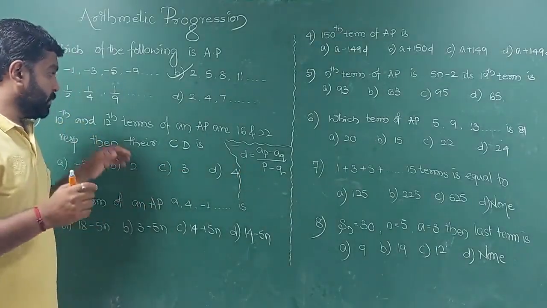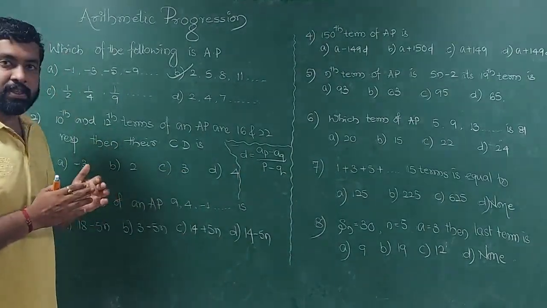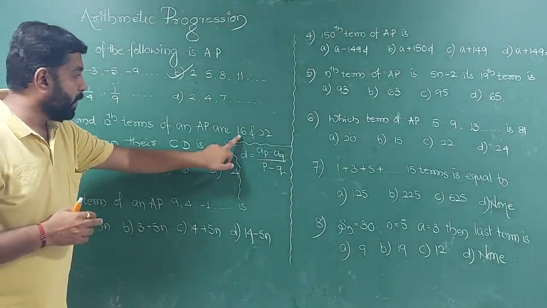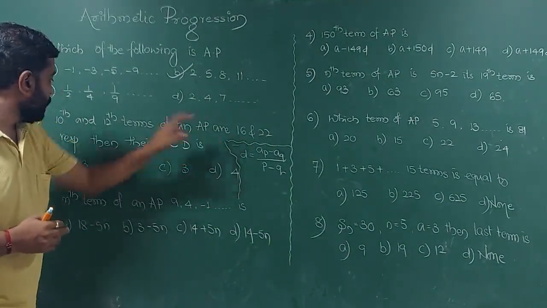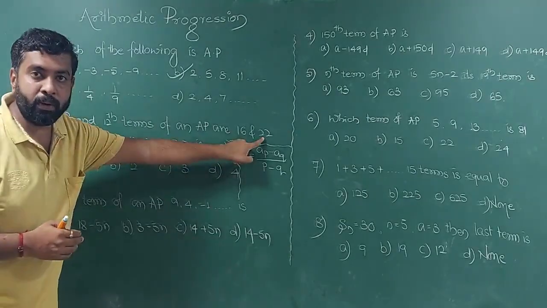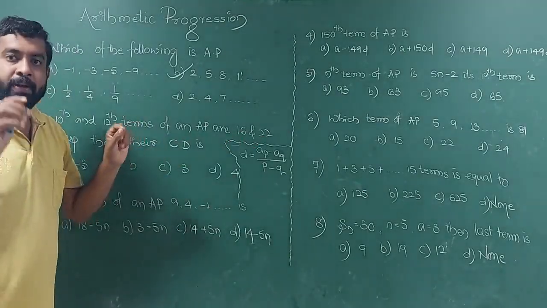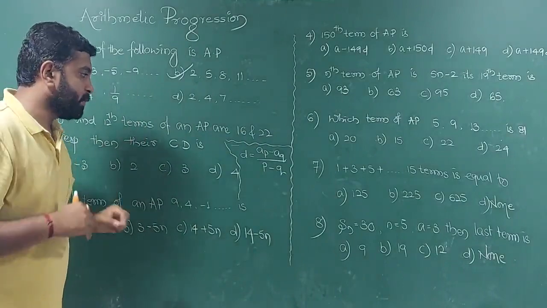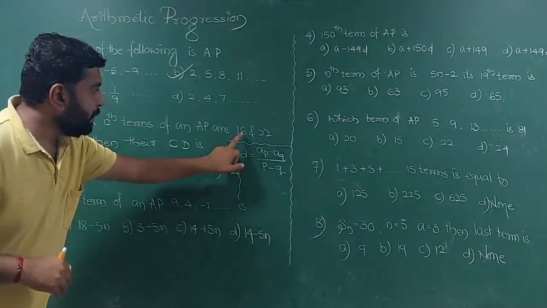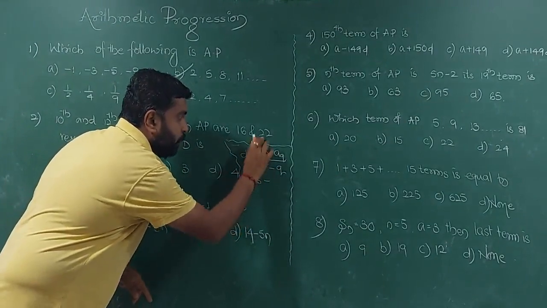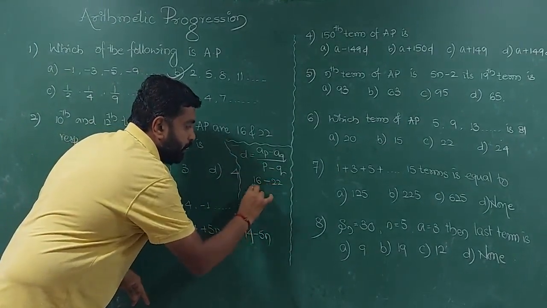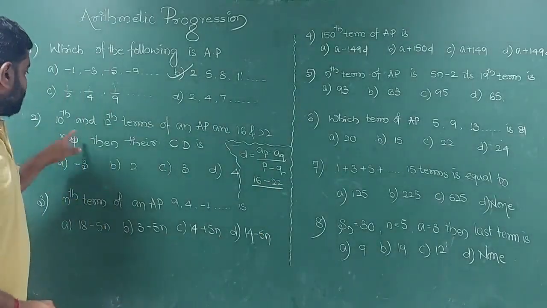Otherwise, suppose if it is asked in the descriptive pattern, you need to write a10 is equal to 16, a12 is equal to 22. You need to expand it and you need to solve. That is a long procedure. ap is nothing but 16 minus aq, aq is 22, divided by this.